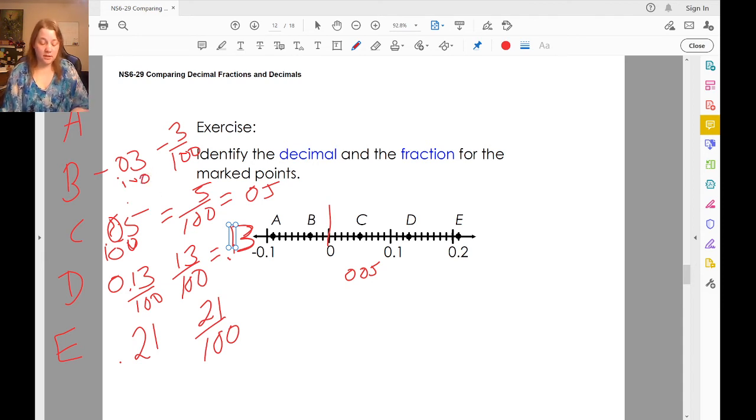Letter A is going to be 0.09 because it's almost a 0.1 but not quite. But it's not 0.09, it's negative. We could also say negative 9/100ths, which would be the fraction way of showing this.